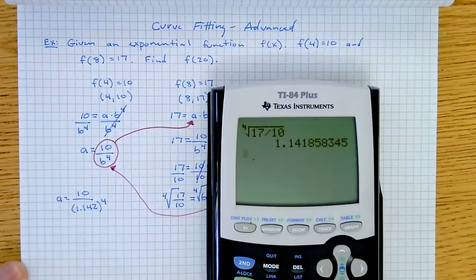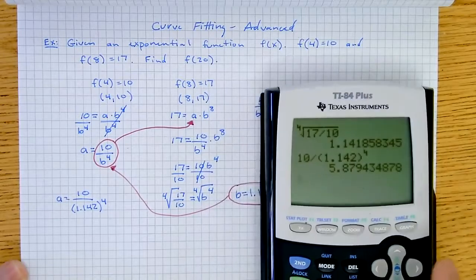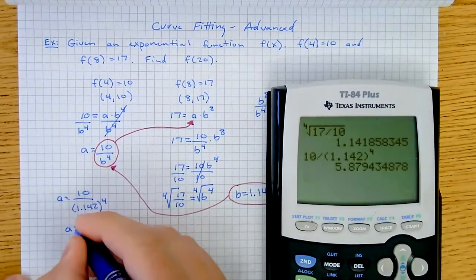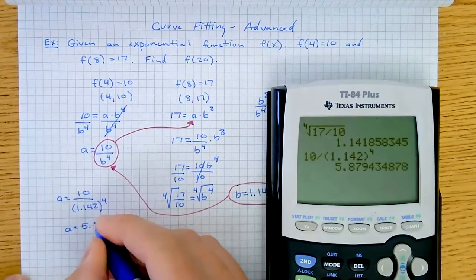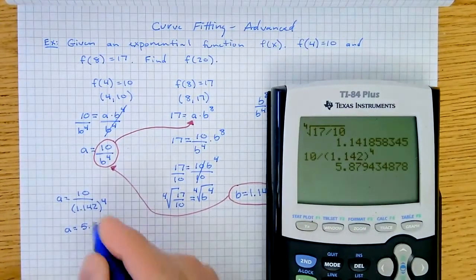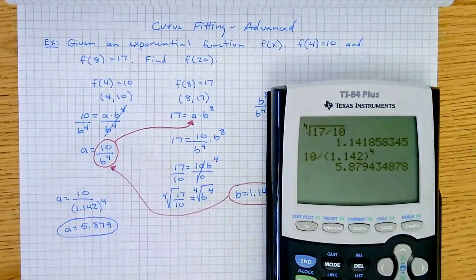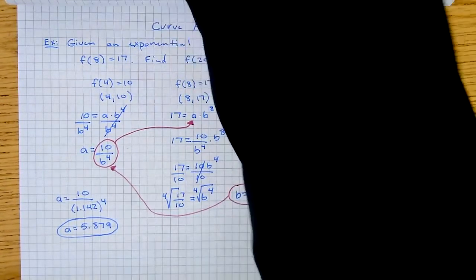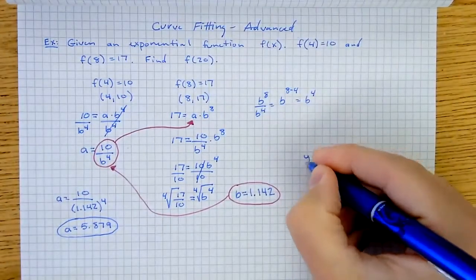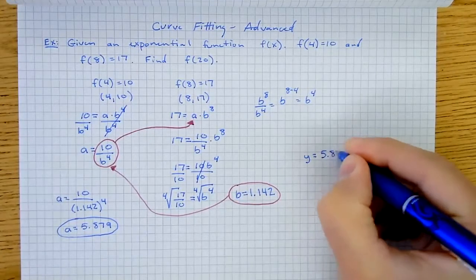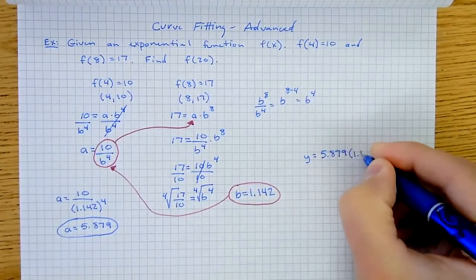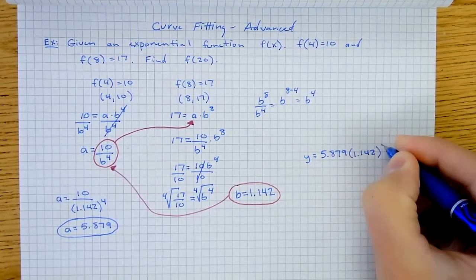So a is going to equal 10 divided by 1.142 raised to the 4th power, giving us a value of 5.879. So now we can write our equation. y equals 5.879 times 1.142 raised to the x.